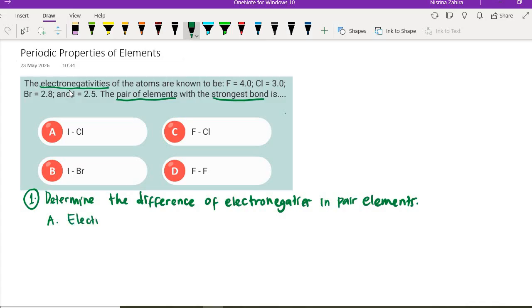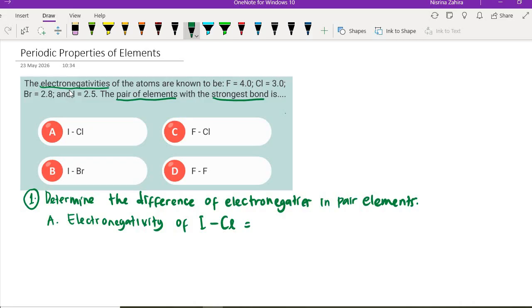The electronegativity of I and Cl, starting from the bigger one: the electronegativity of iodine is 2.5, and chlorine is 3.0. Which one is bigger?